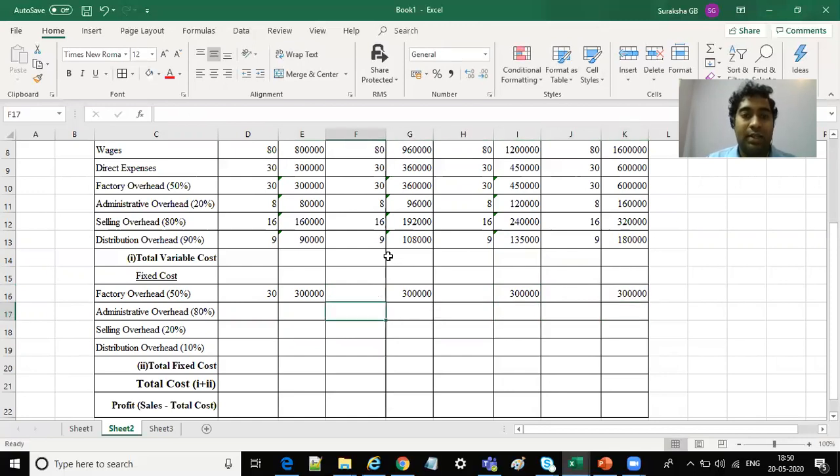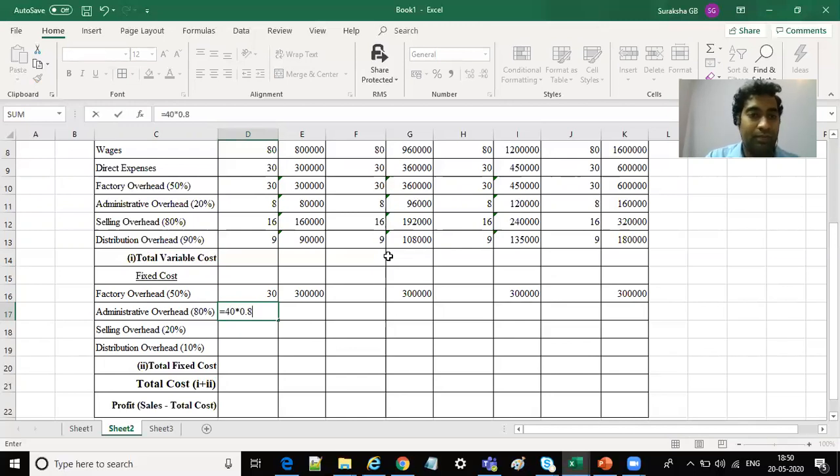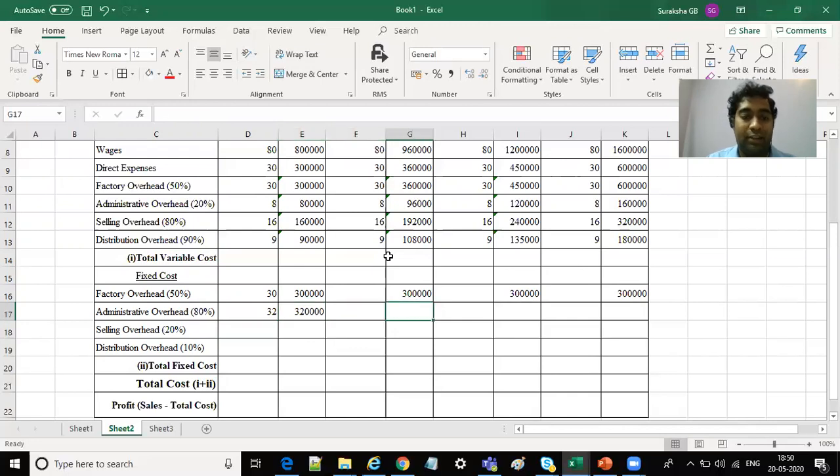Next, administration overhead in the problem is given as 40. So 40 into 80% will be 32. So here it will be 10,000 units into 32, which is 3,20,000. Next, selling overhead is given as 20 rupees and 20% is fixed.